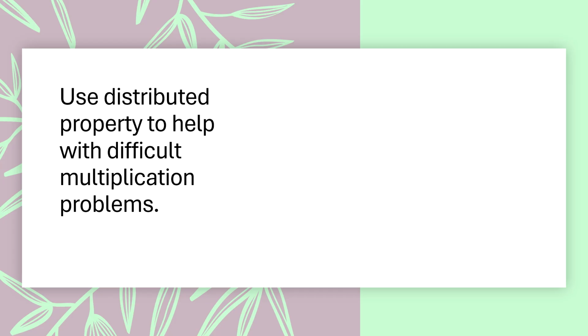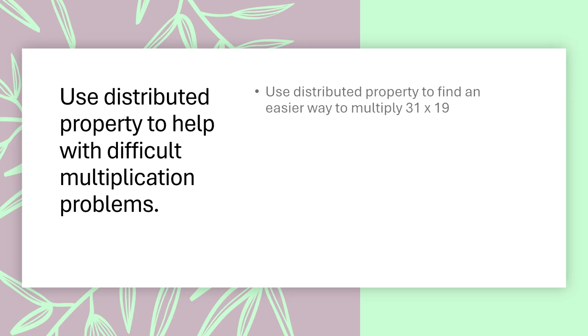Use the distributive property to help with difficult multiplication problems. Let's use the distributive property to find an easier way to multiply 31 times 19. We can say that can be 31 times parentheses 20 minus 1.